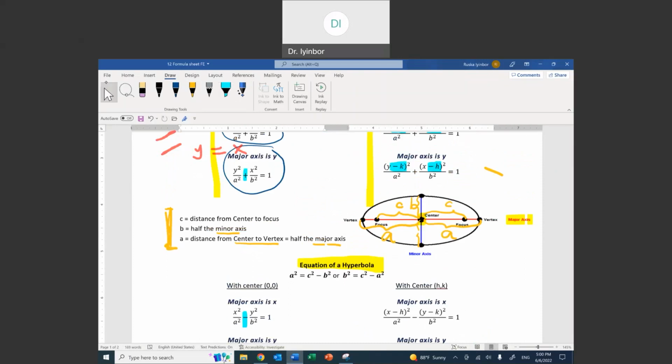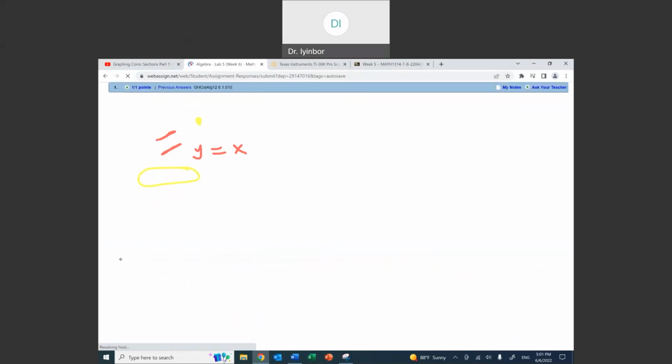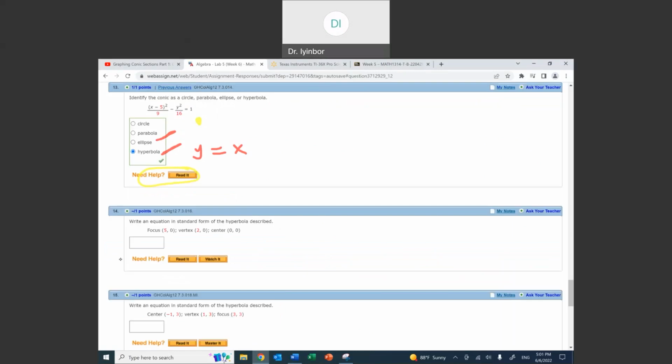Looking at my number 13, between the fractions I have a minus, right? So because of the minus between the fractions, my answer is going to be hyperbola. Everybody understand that? So that's a hyperbola because you have fraction minus fraction equals 1.